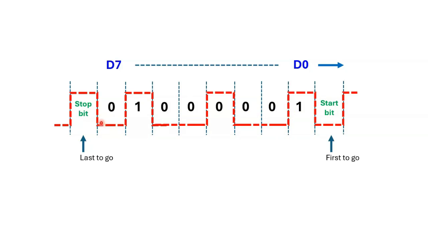And the last bit of the information is D7, but that is usually followed by a stop bit. So the stop bit is the last bit to go. So quick recap, serial transmission really is transmitting a series of bits like this serially. Now, in this example, D0 to D7 represent the uppercase A.